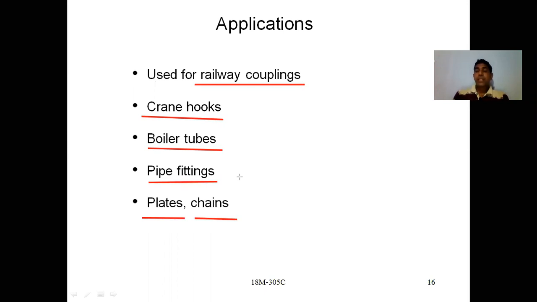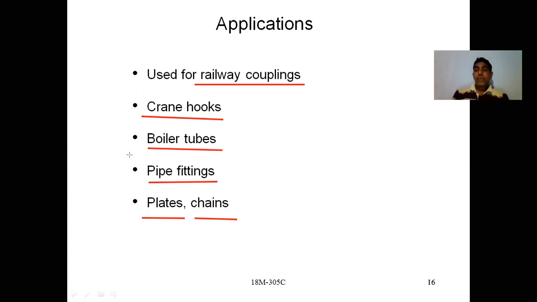So applications means where we are going to use this wrought iron, which is very, very important in the examination. See, remember, write the properties of wrought iron, write the applications of wrought iron. So these things they will ask in the examination. You should be able to write what properties it has and what applications wrought iron has, that means where we can use this wrought iron.